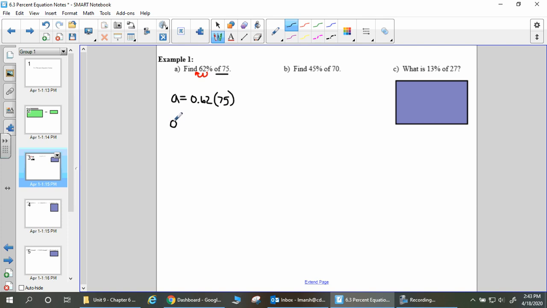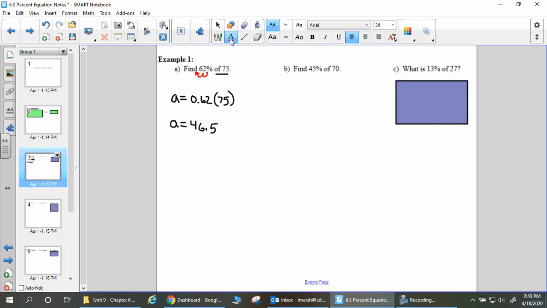On a calculator, just be careful because you are using a decimal. 0.62 times 75 is going to give me 46.5. Okay, that's my decimal. So just be careful, okay? You are using decimals. We want to make sure we're typing them carefully and that we're using the correct decimal.